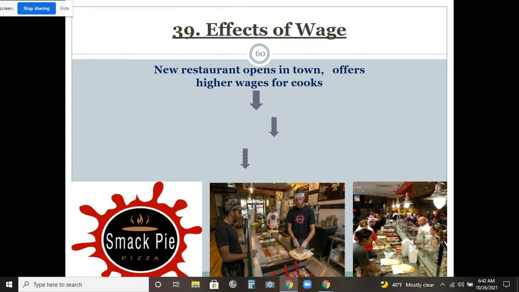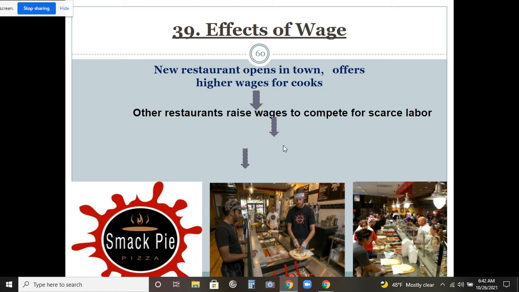Otherwise, they might lose their cooks to this place. That's Smack Pie. I know it's a popular pizza establishment here in Lodi. Other restaurants raise wages to compete for scarce labor. So they don't want to lose their cooks, so they have to raise their rates.